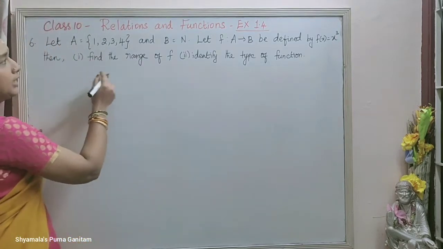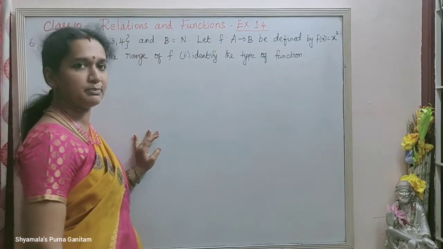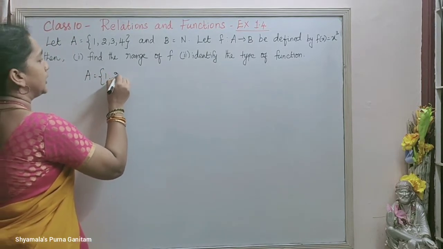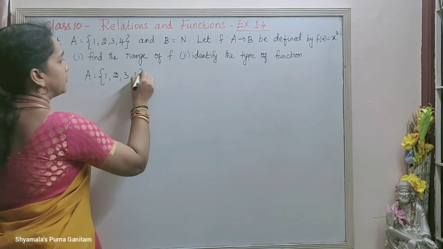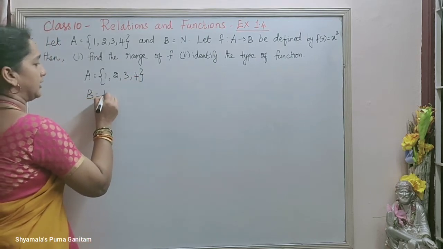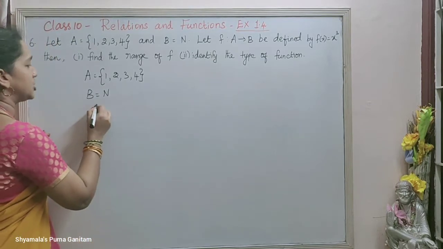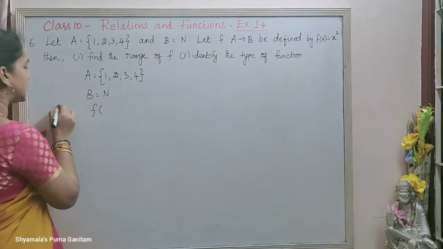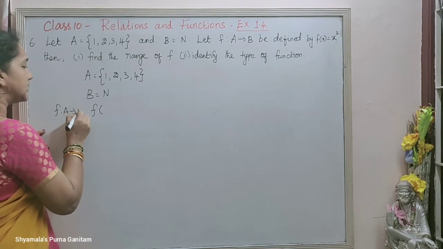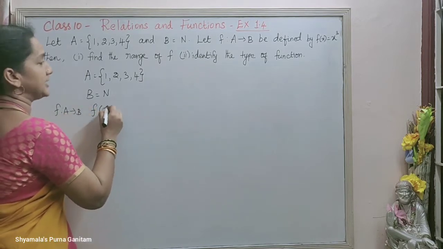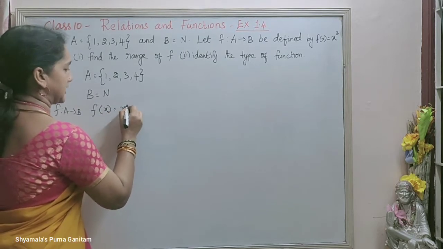So these two questions we have to answer. First, B is equal to N, that is, B is the natural numbers. We take A as 1, 2, 3 and 4, and the function is defined from A to B as f of x is equal to x cube.